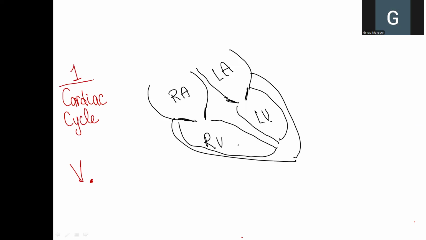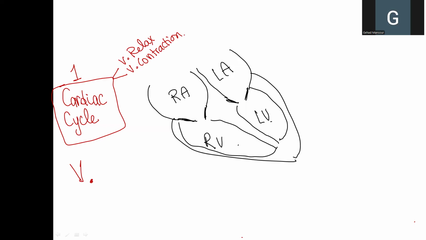One cardiac cycle is actually relaxation followed by contraction, ventricular relaxation followed by ventricular contraction. You might be wondering why I am not mentioning the atria. Of course, during ventricular relaxation and contraction, the atria undergo changes too, contraction or relaxation.